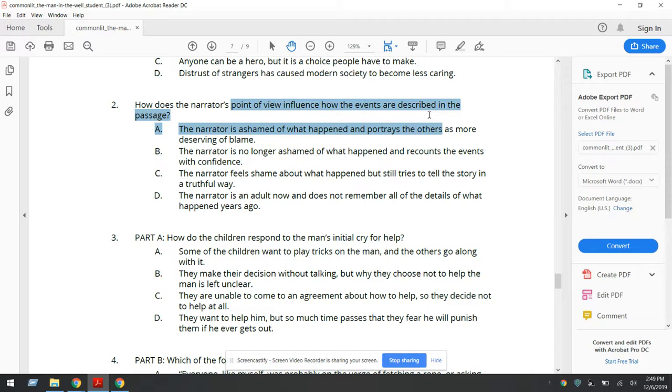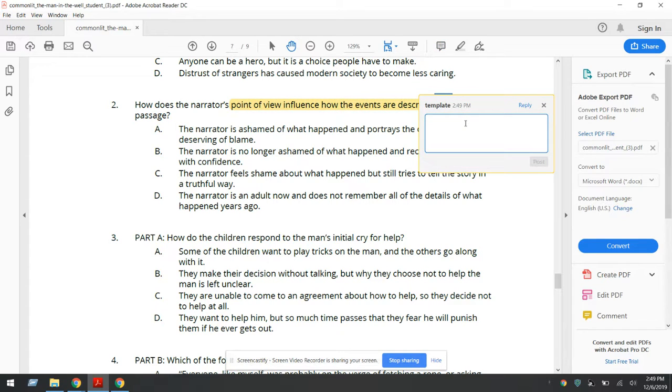Well, here's something that I do know. Even just from skimming and scanning, I know there are three or more points of view.